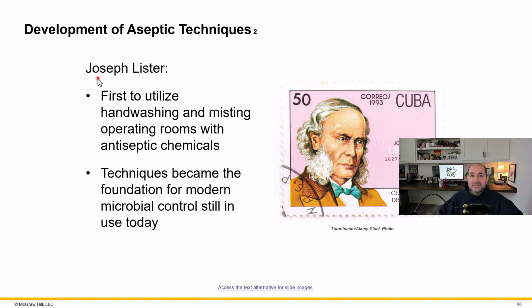Then it spread to surgeons, right? Dr. Joseph Lister was a surgeon who would perform surgeries, of course. And he was the first to utilize hand washing and misting operation rooms with antiseptic chemicals. He also treated his surgical instruments with disinfectants and sterilants such as phenol, right?